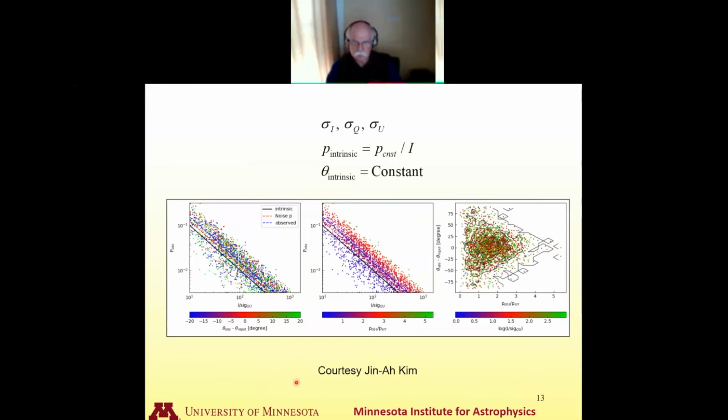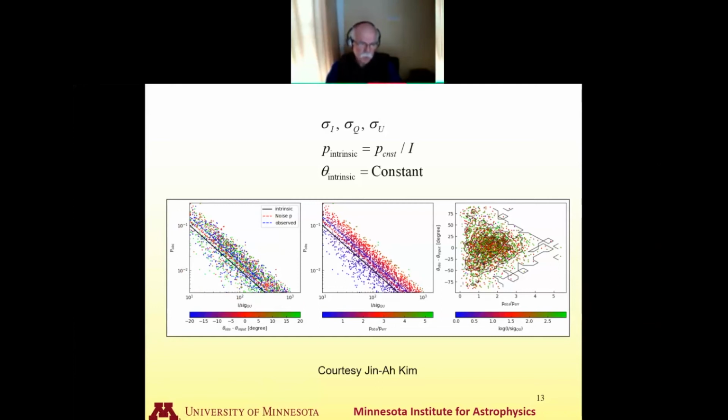This is some work that my graduate student Jin-Ah Kim is doing. We put into the model an error in I, Q, and U. We put in intrinsic polarization in the model that does intrinsically go as constant over I, and we put in a constant position angle. Over here, this is the raw fractional polarization, uncorrected for bias, versus surface brightness or column depth.